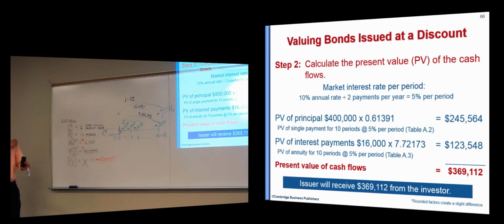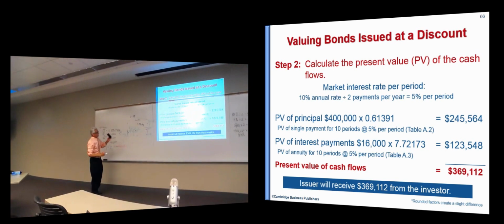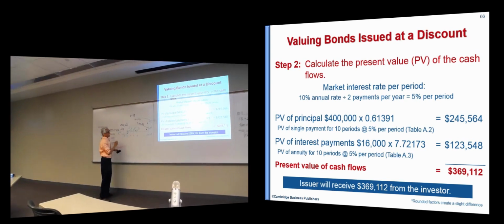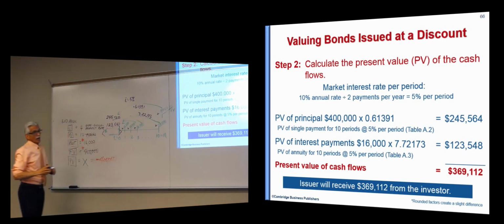If you want to use the tables, let me know. Well, I'm assuming we're going to use calculators now. But if I use the table, the sum of the present value of the future cash flows, or the value of any asset today, theoretically. So the 245,564 is the present value of the principal, and 123,548 is the present value of the interest.